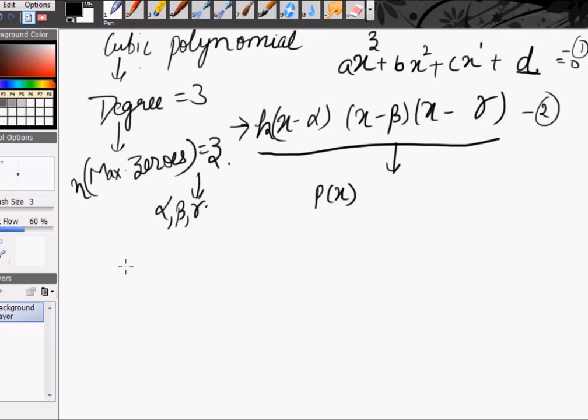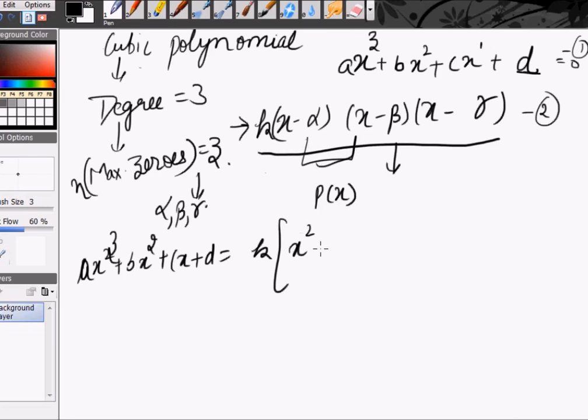Thus we get ax cube plus bx square plus cx plus d equals k into x minus alpha into x minus beta into x minus gamma. We can also decompose these two factors as x square minus alpha plus beta x plus alpha beta into x minus gamma.